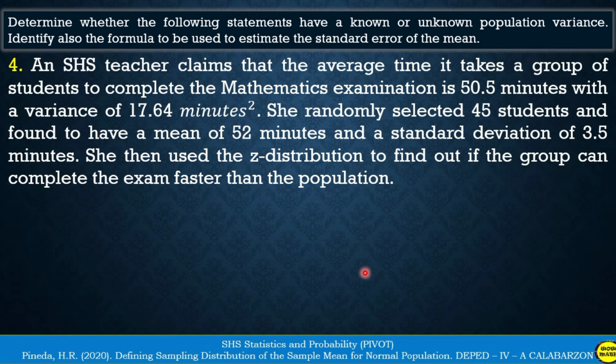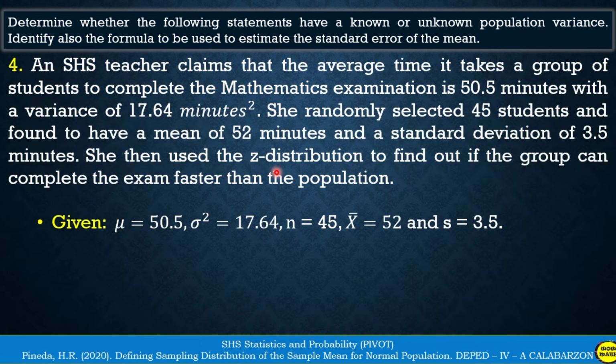Of course, nandyan yung Z distribution. So, tuwing kailan gagamitin yung Z distribution? If the population variance is known. So, sige, kunin muna natin yung mga given. The population mean natin is 50.5. Kita natin na the population variance is 17.64.